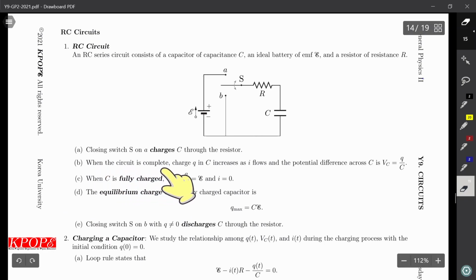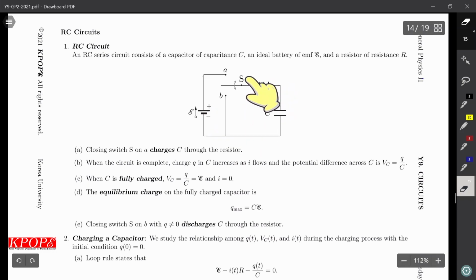When the circuit is complete, so when it is connected, charge Q in C increases as I flows. And the potential difference across the C follows the formula Q equals CV. When C is fully charged, the potential difference between the two plates of the capacitor must be the same as the potential difference between the two terminals of the EMF.